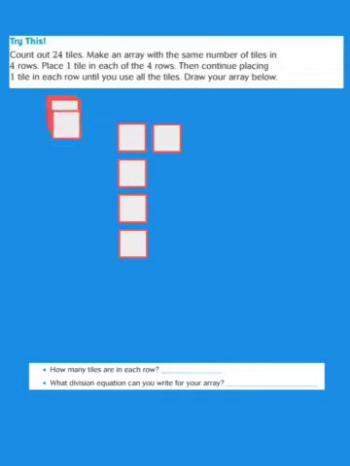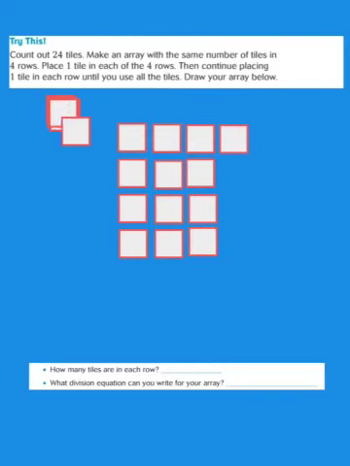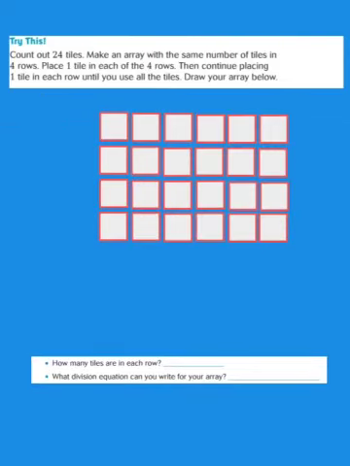So we would again go 1, 2, 3, 4, and we would continue sorting out each tile, 1, 2, 3, 4, until all 24 tiles are placed in 4 rows.